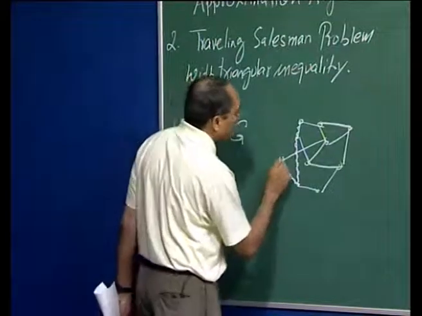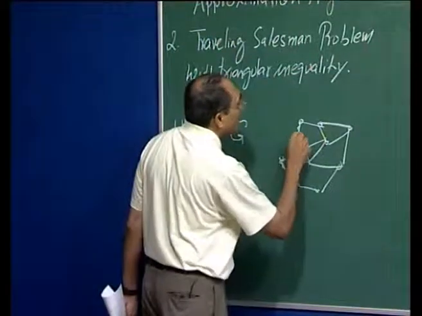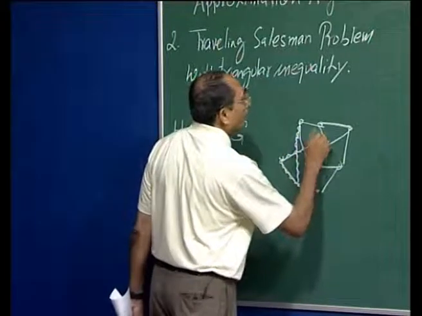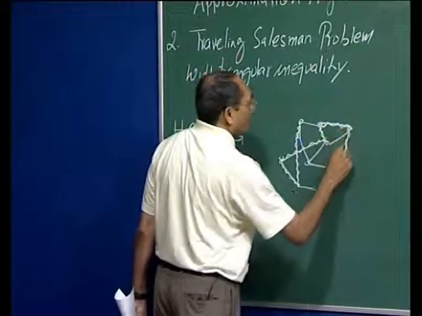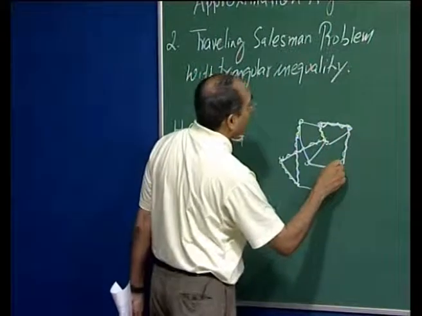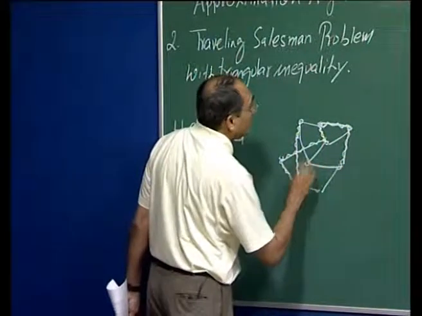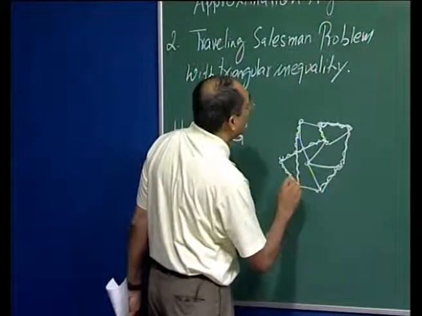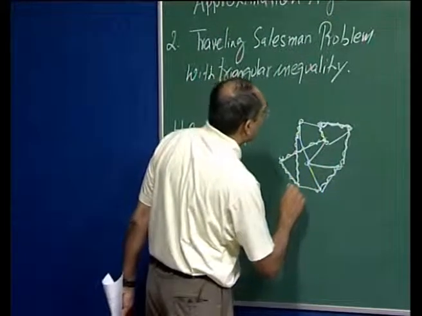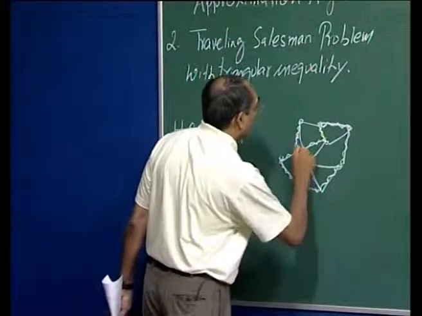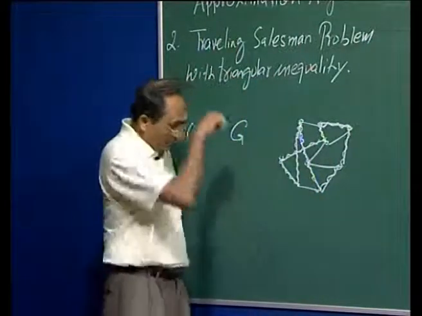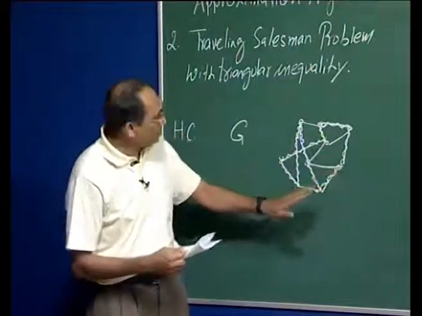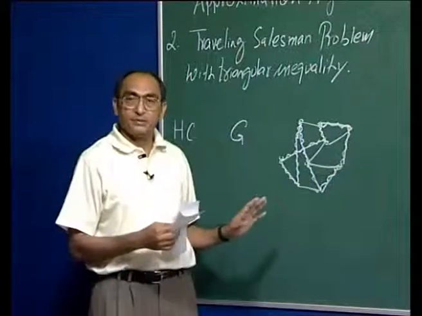The objective is to find a cycle which passes through all the vertices.